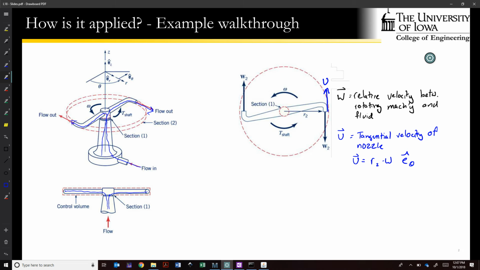And then we would have v, which is the absolute velocity of the fluid that's leaving the nozzle.